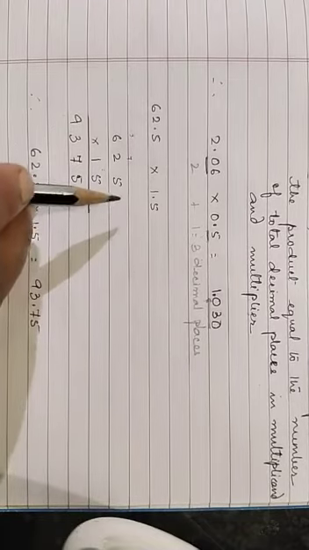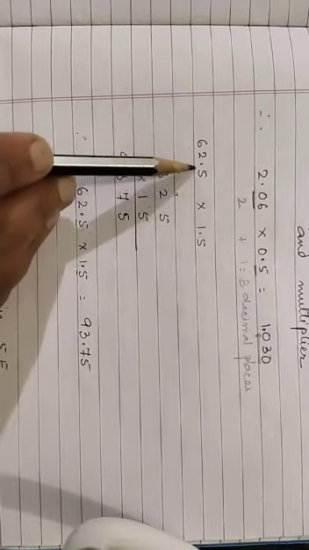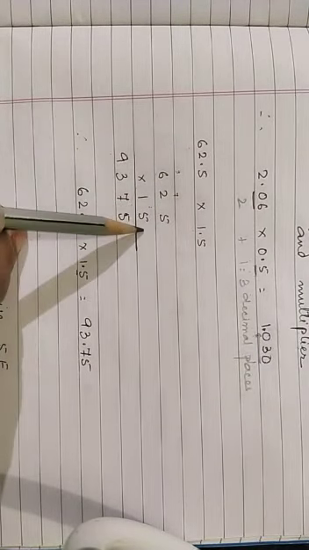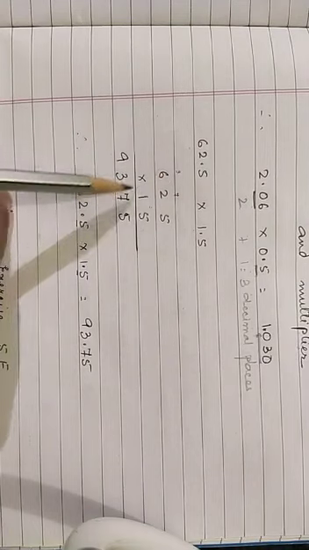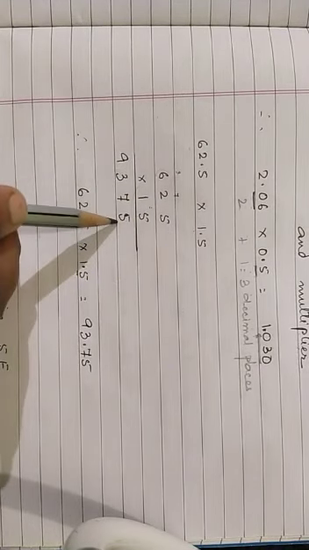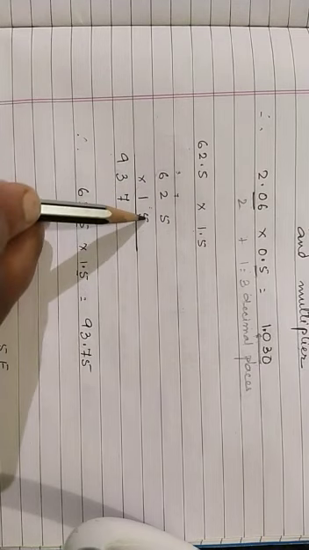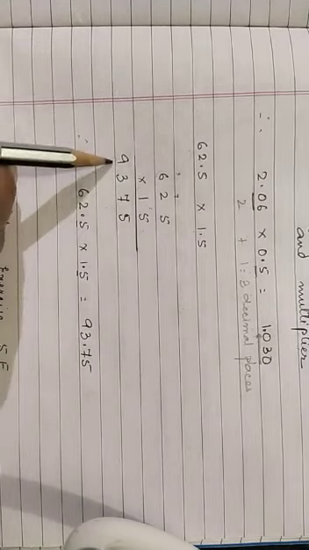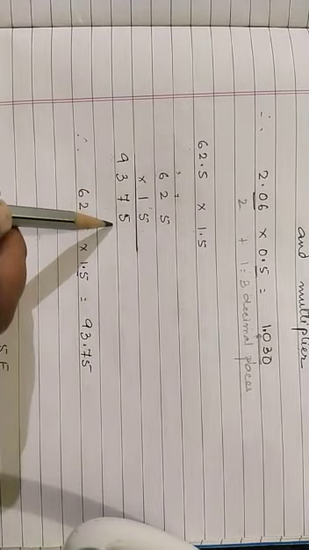Then the next question is 62.5 into 1.5. Removing the decimal point, you write the number and then do simple multiplication. Here I have multiplied by 15. You can also multiply in 2 steps. Okay, so my answer here is how much? 9375.